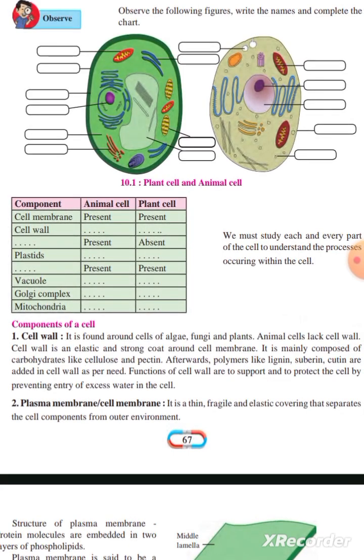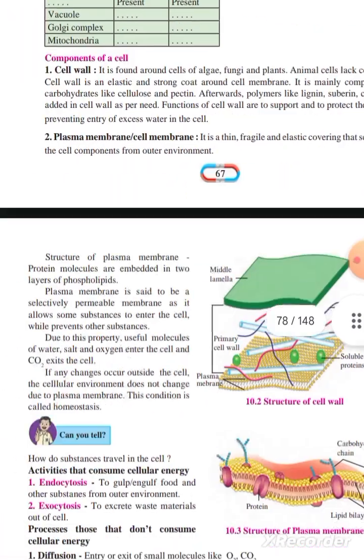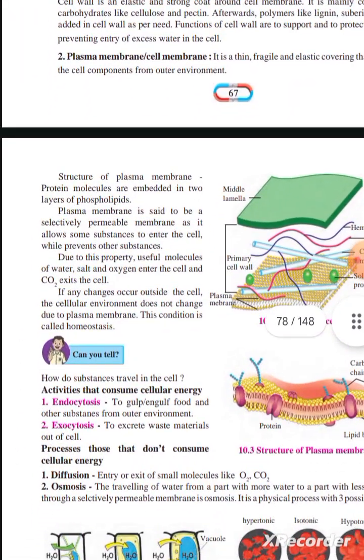It is also like an elastic covering, just like the cell wall, but it separates the cell components from the outer environment. It protects the cell from the outer environment. Like if there is a lot of carbon dioxide in the air, or any harmful changes in the environment, it protects the cell from it. So it mainly protects the cell, just like the cell wall.